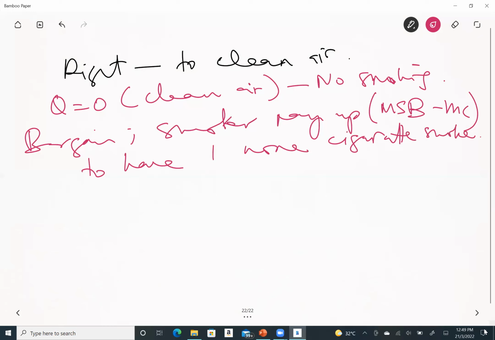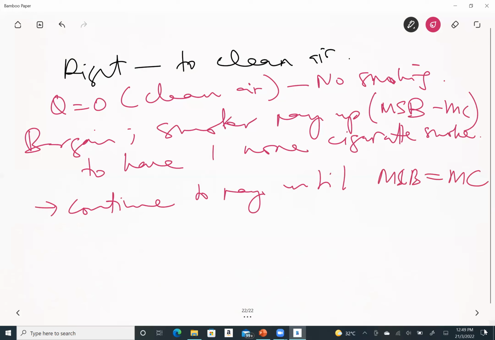So he will continue to pay, continue to bargain, until what? Until MSB equals MC. So there is no more additional benefit to him.